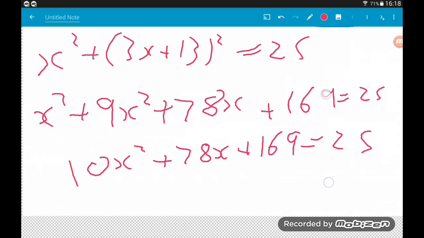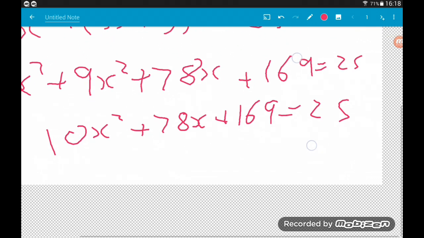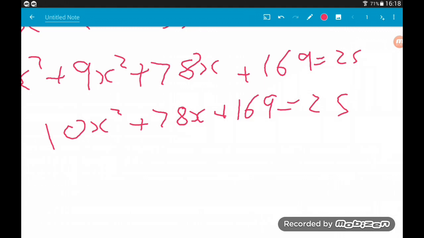So now what we've got is a normal, if there is such a thing, a normal quadratic equation that we now want to solve. So, to be able to solve quadratics, we need everything on the same side together and a nice big fat 0 on the other side. So what we want to do now is take away this 25.